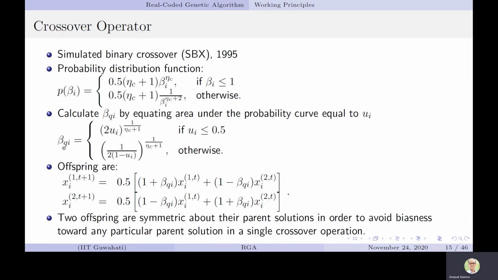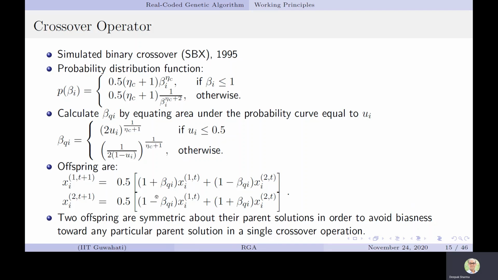Now, looking at this beta value, the offspring x_i^(1,t+1), where i means the ith variable, 1 means the first solution, and t plus 1 means an offspring solution, equals 0.5 times [(1 plus beta) x_i^(1,t) plus (1 minus beta) x_i^(2,t)]. What is the second solution?